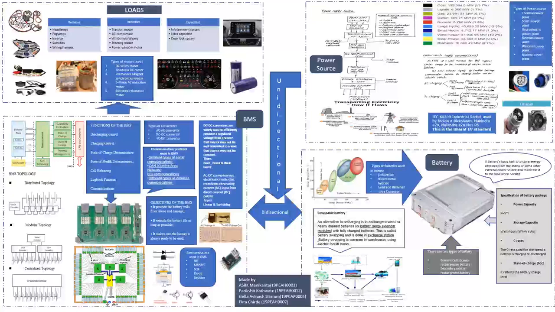And coming to DC fast charging, there are two types: level 1 and level 2 charging. In level 1, we use 48 volt and 72 volt systems, with a power of 10 kilowatt and 10 to 15 kilowatt. The maximum current for this system will be 200 amperes.